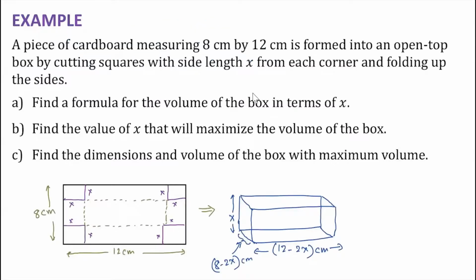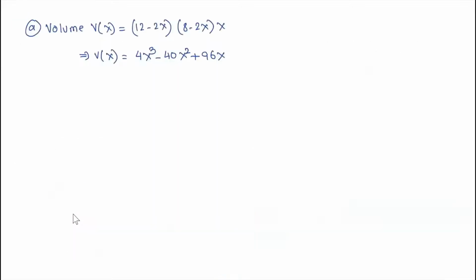And note one thing, because the width of the cardboard is 8, you cannot cut a square which is 4 centimeter or more. That means x belongs to the interval from 0 through 4. So the domain here is from 0 through 4.